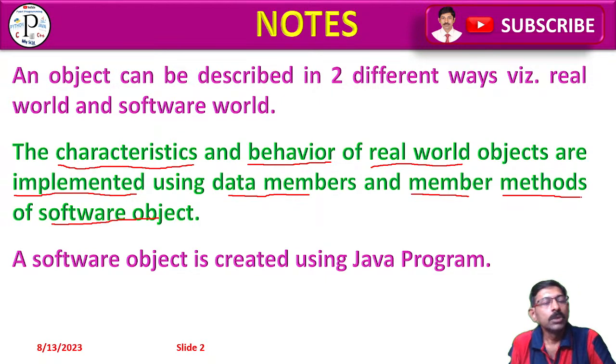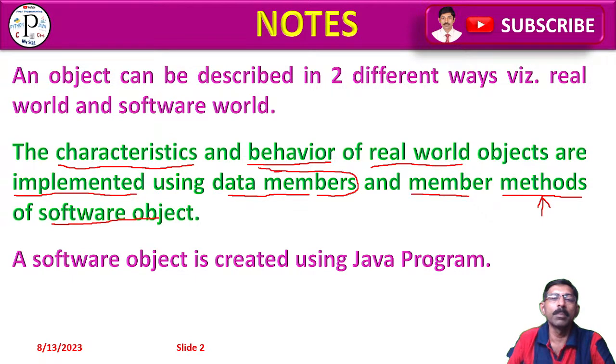Just like in order to store the student information, we write float mark1, mark2, mark3. But in order to calculate the total marks and average mark, we need the help of a method. This method works on these instance variables or data members and calculates the total based on these data members, that is the M1, M2, M3 subject marks. Understood now?